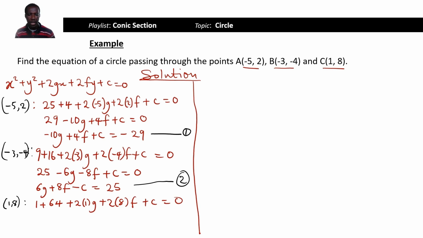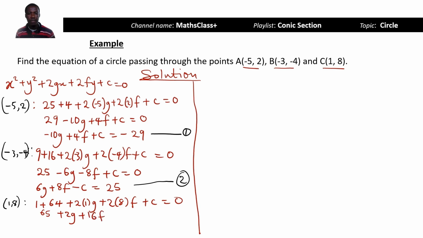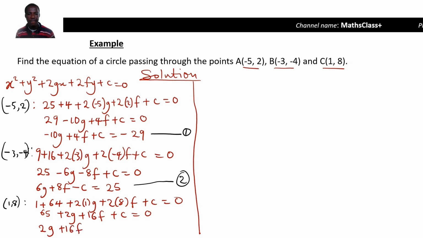So I simplify that as 65 plus 2g plus 16f plus c is equal to 0. So 2g plus 16f plus c is equal to negative 65. That will become my equation 3.